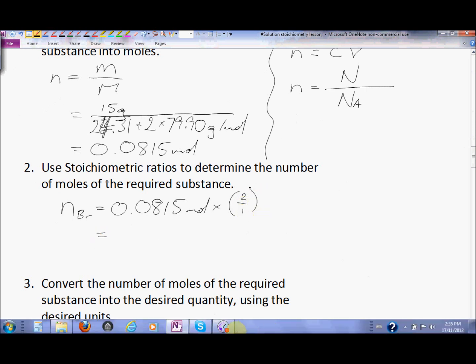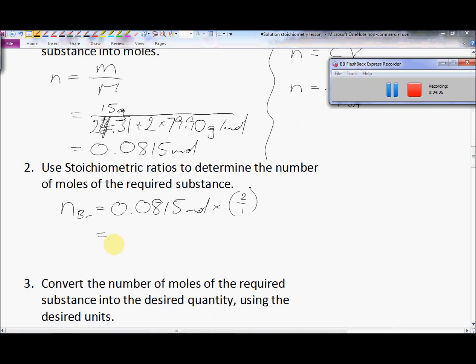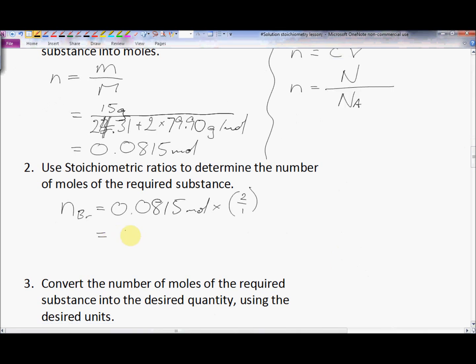Okay, and that works out to be 0.163 moles. Okay, so in this question we know that we've yielded 0.163 moles of bromide ions.